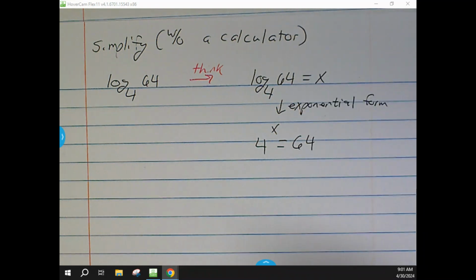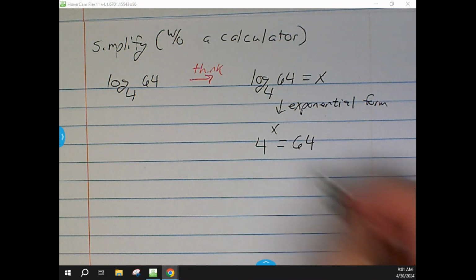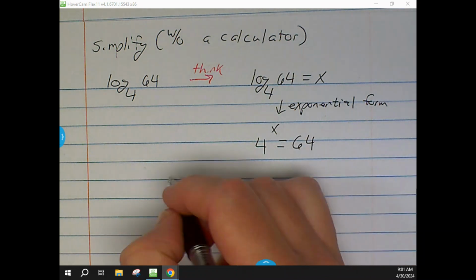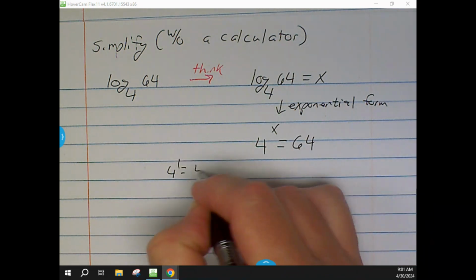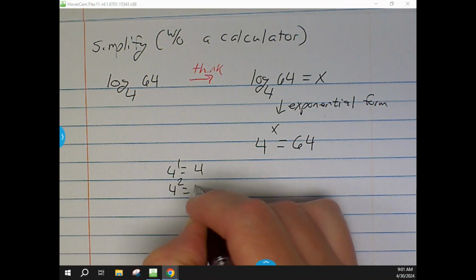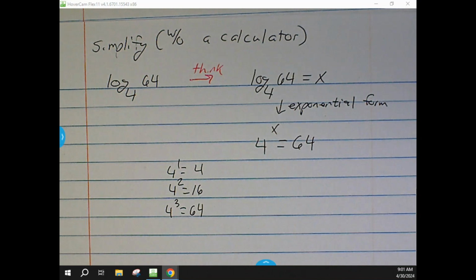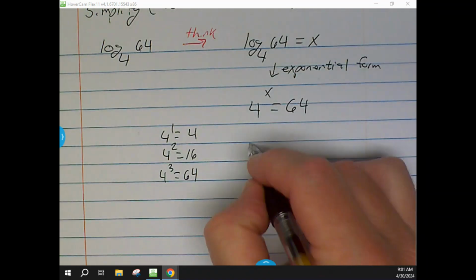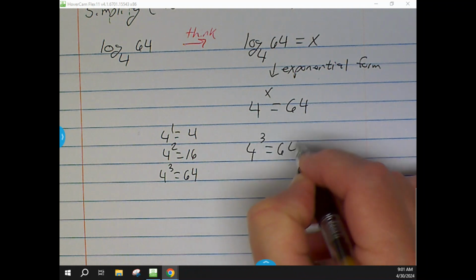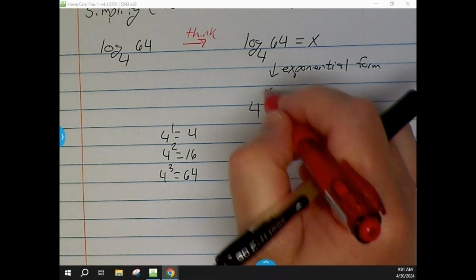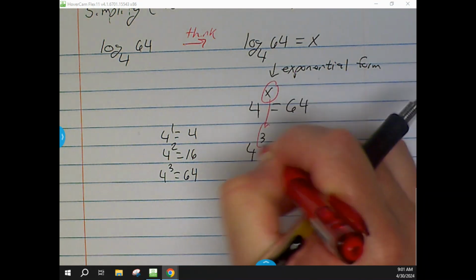Okay, so 4 to what power equals 64? Because 4 to the first power is 4. 4 to the second power is 16. 4 to the third power is 64, right? Do 4 times 4 times 4. So 4 to the third power is 64, which means that x has to equal 3.